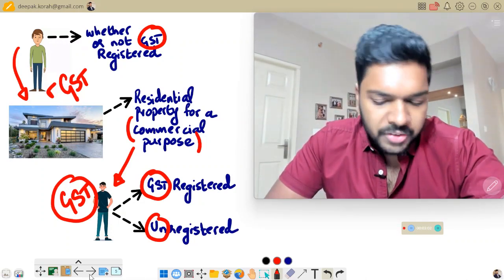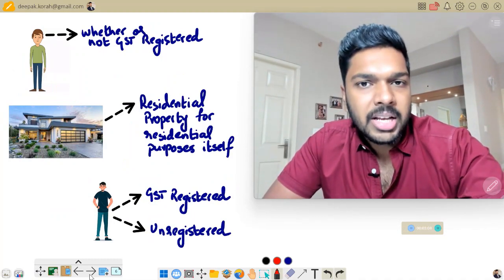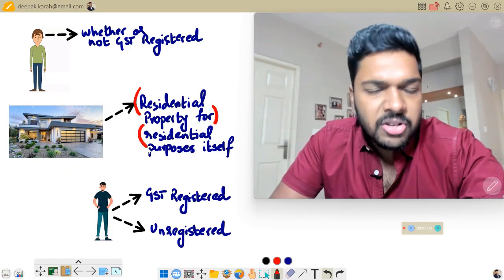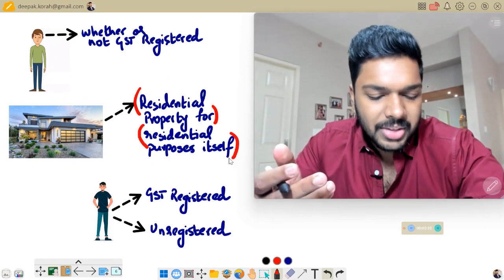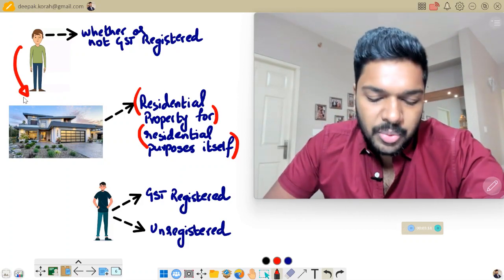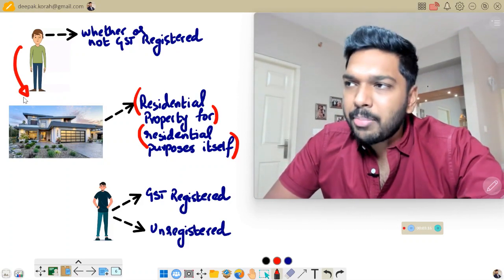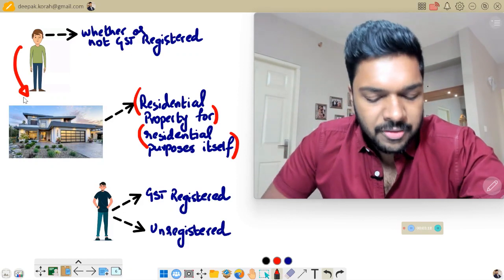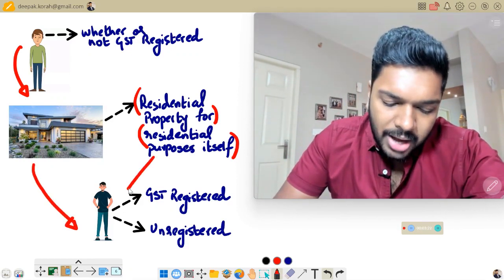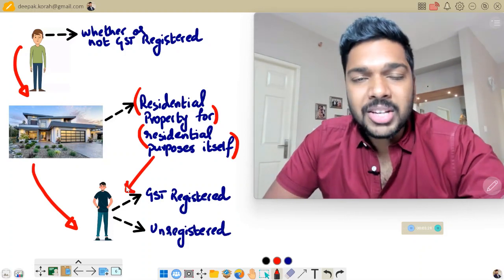Now the next obvious question is, what if this property is a residential property and also used for a residential or a dwelling purpose? Now in this case, if you have a landlord and he's letting out a property which is a residential property and primarily used for residential dwelling itself, and if this property is being let out to a tenant, then again you have to go forward and look at the status of the tenant.